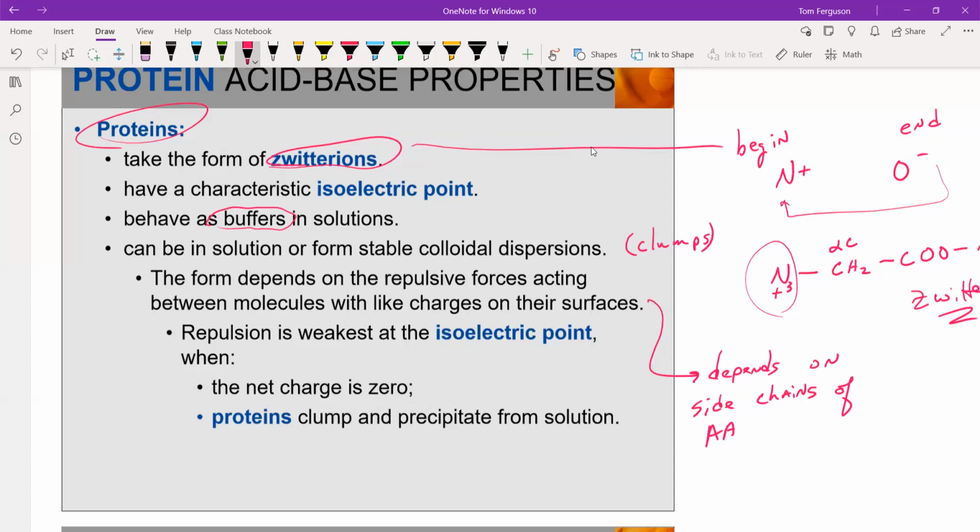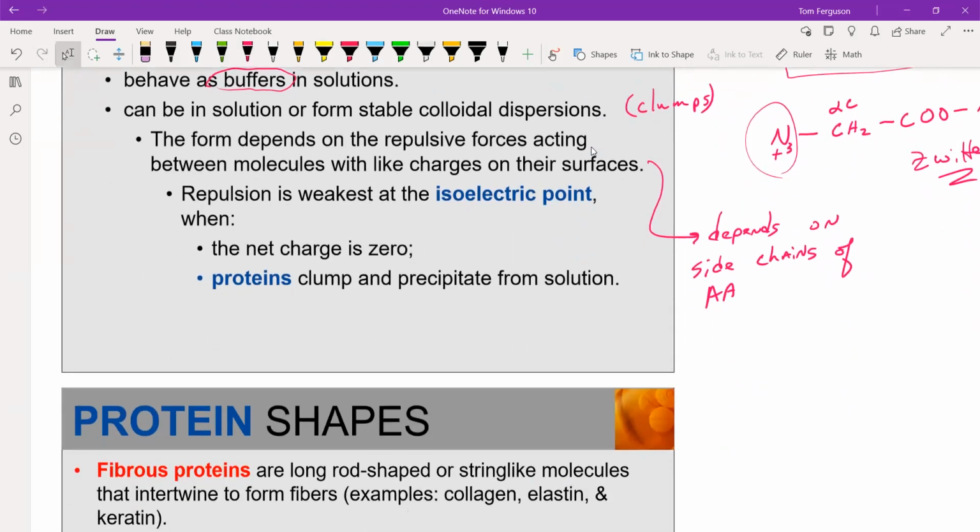There are 20 amino acids, so you can have acidic, basic, polar neutral, or neutral nonpolar side chains. That ratio is going to determine the isoelectric point. So when the net charge is 0 at the isoelectric point, proteins clump and precipitate in solution because they have no net charge, hence they don't dissolve very well in water.